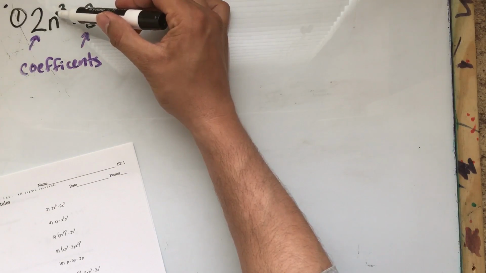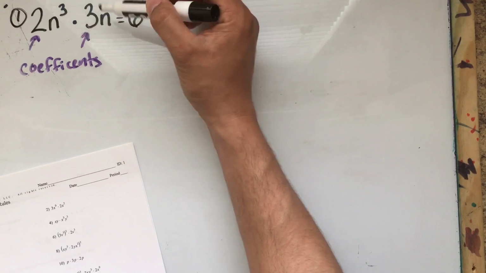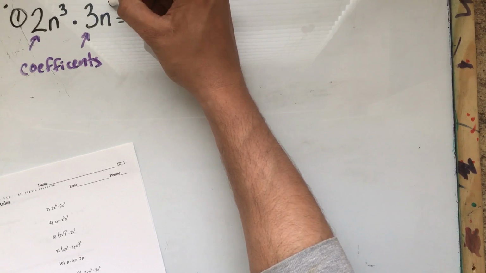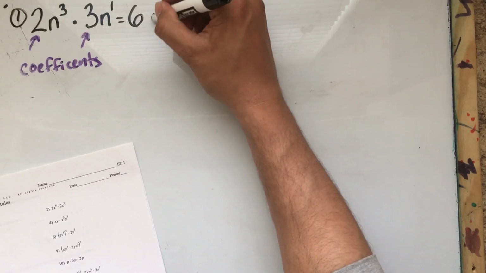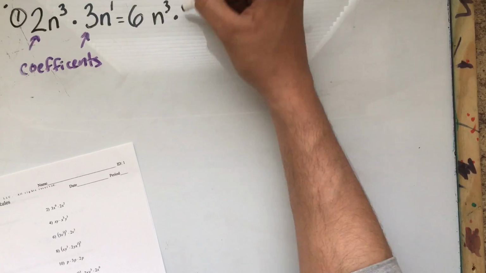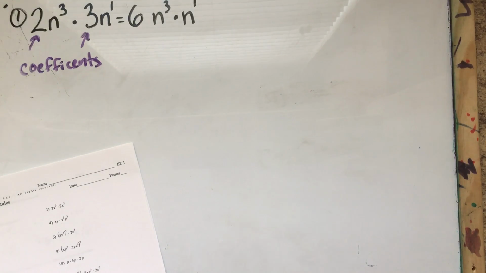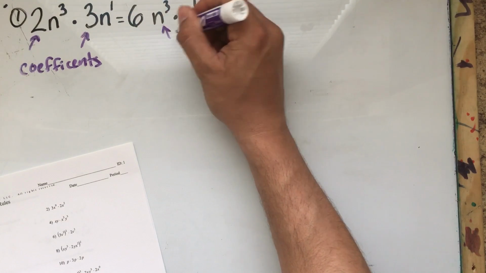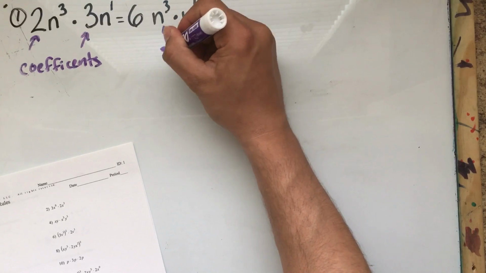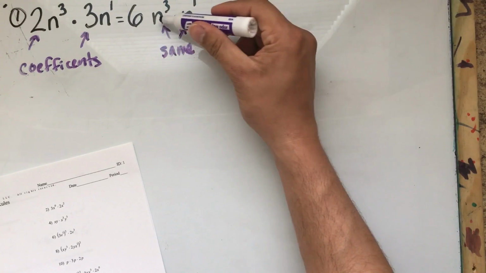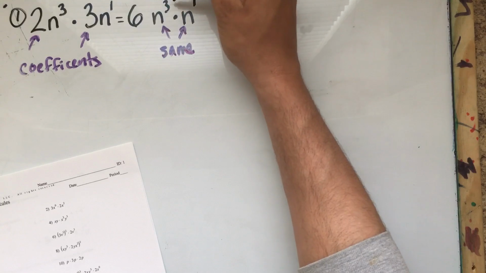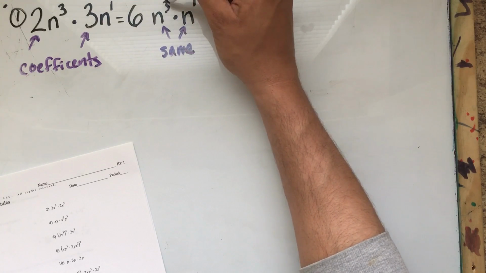And then now, when you multiply the n to the third times n, don't forget there's an invisible 1. So n to the third is going to get multiplied times n to the first. Okay, now there's a rule. When you have the same variable, right, when you have the same base, the powers, you can add them.